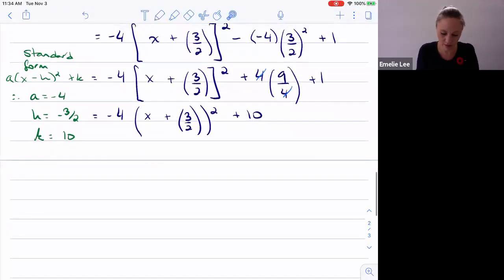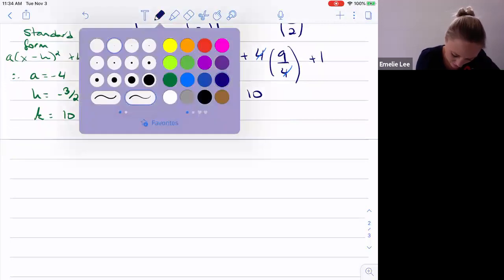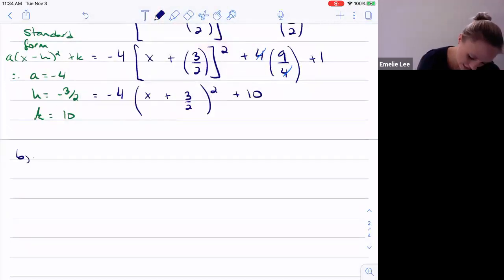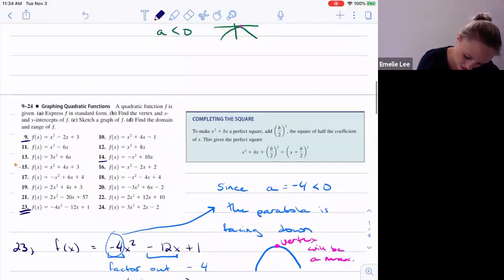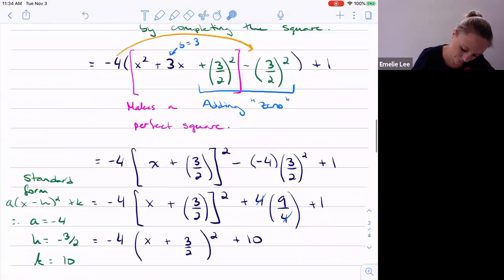So here, now that we have the standard form, we can use that. In fact, we don't really need these brackets here anymore. So just to simplify things, I'm just going to delete them. You can keep them, they're not doing anything. So here we are in standard form. Part B of these questions wants us to, so A is definitely the hardest part. Part B, you have to find the vertex and the x and the y-intercepts of this thing.